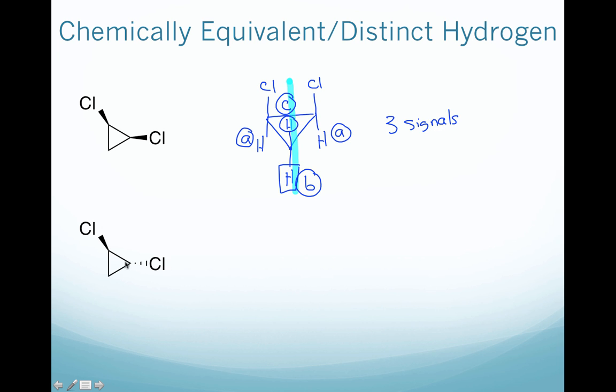Now let's look at this trans dichlorocyclopropane. Let's go ahead and draw our cyclopropane in the same perspective. We have a chlorine up and a chlorine down.